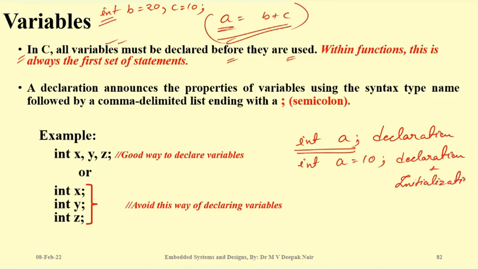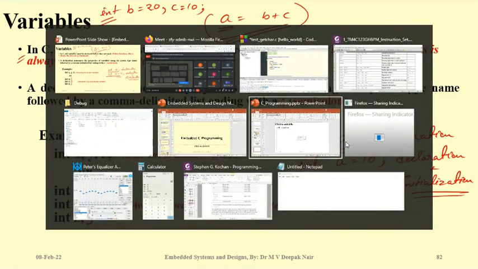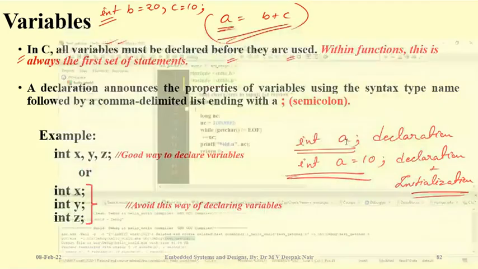In C, always prefer to initialize unless you have other plans in your program. Otherwise, there might be some garbage value present in the variable A. I have showed you that also. If you want, I can show you; it will take one minute to cover this part.